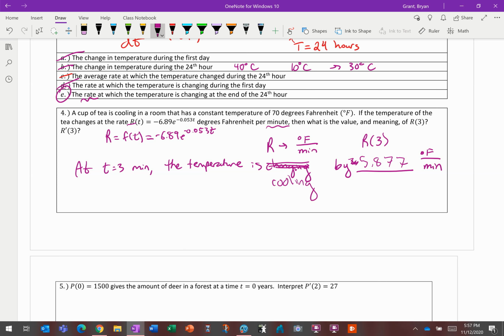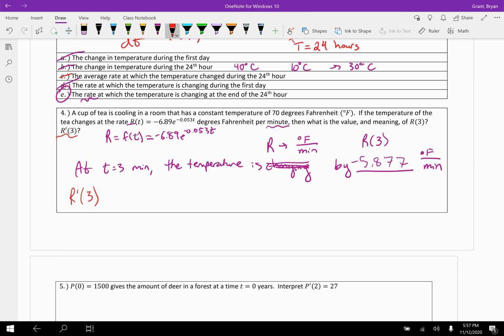All right, let's go ahead and continue, because there's actually one more thing to do in this problem, and that is the other part of the problem. It says to find R prime of 3. So R prime of 3 here, what are we doing with this guy? Well, to find R prime of 3, we need to take a derivative. We'll get back to that. I think, though, we should probably talk about units, right?